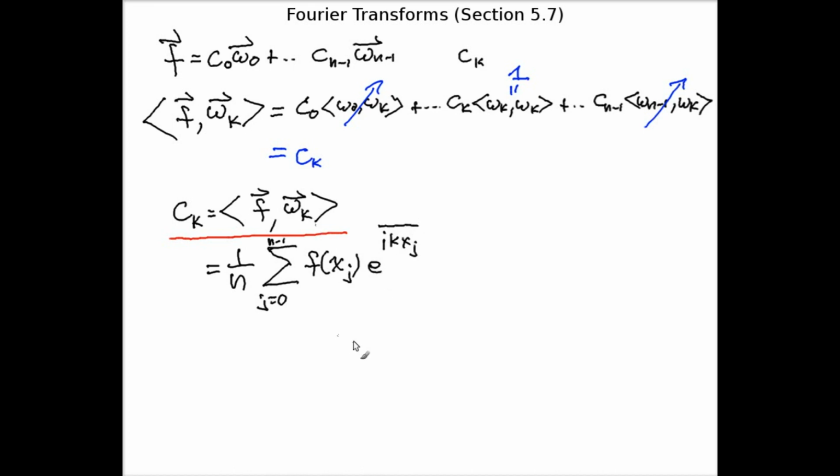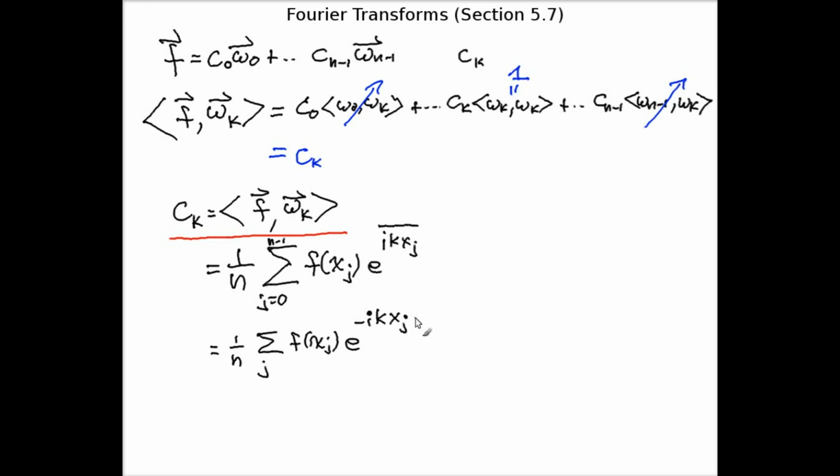That's the omega_k. That's the kth coordinate of this guy. And what is that equal to? This is 1 over n times the summation over j of f of x_j e to the minus i k x_j. Okay, the bar just gives you the minus.